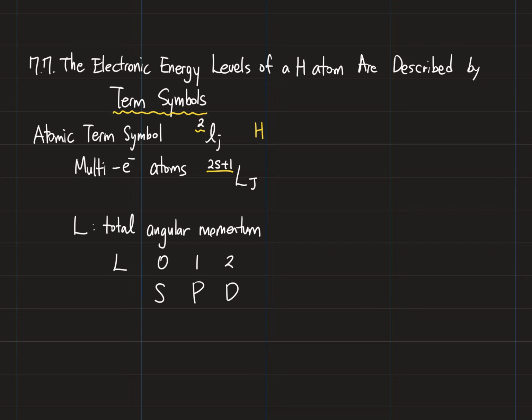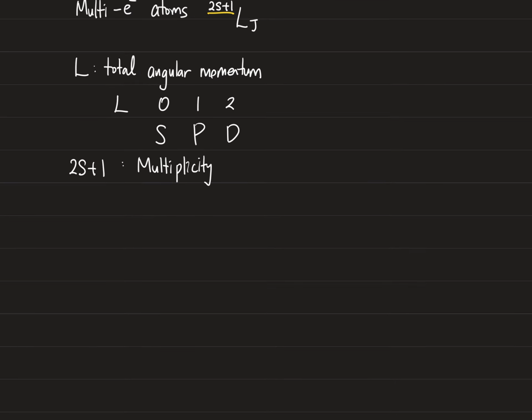This is very similar to the atomic orbital symbol. And the superscript 2S plus 1 is called multiplicity. It tells us about the spin degeneracy.